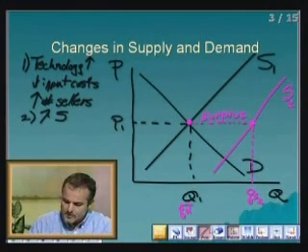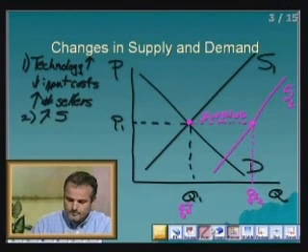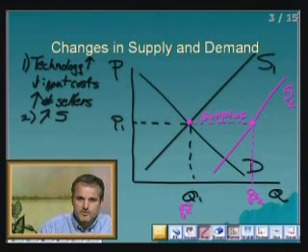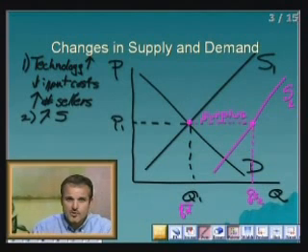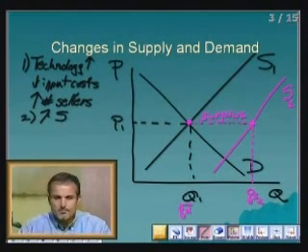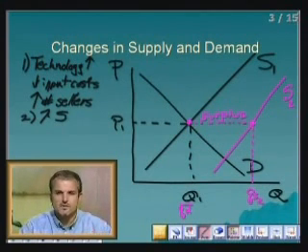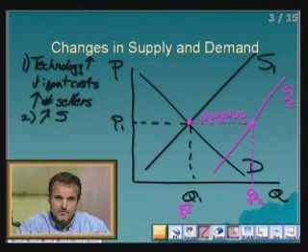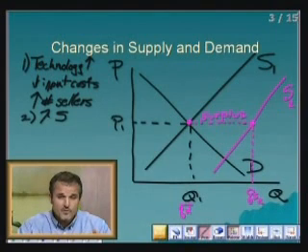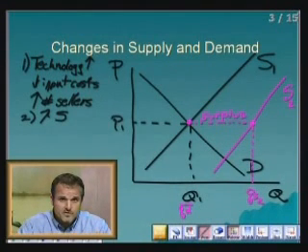Okay, so what does a surplus do? If you recall, the surplus sends a signal to the sellers that they've got to lower their prices. Clearly, Motorola or Cingular Wireless, whomever, they would love to be able to charge the same prices they used to charge for cell phones. Their profits would be enormous because their input costs have fallen dramatically, but they simply can't do that.